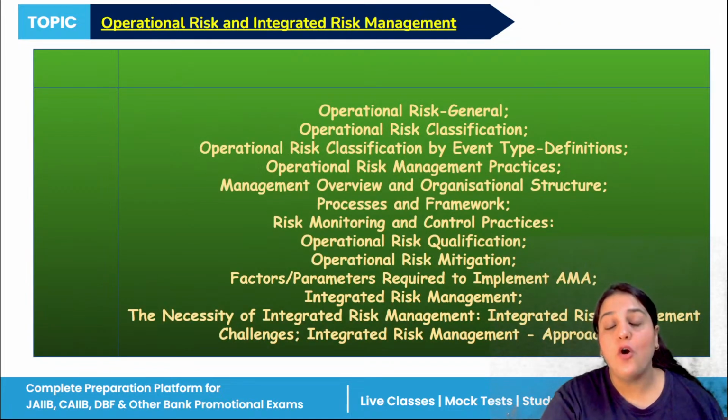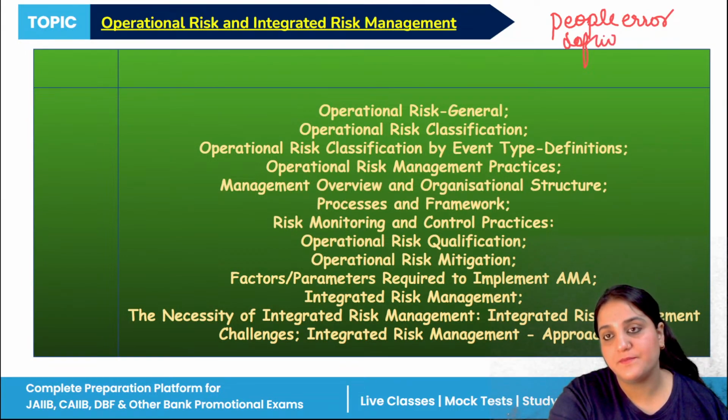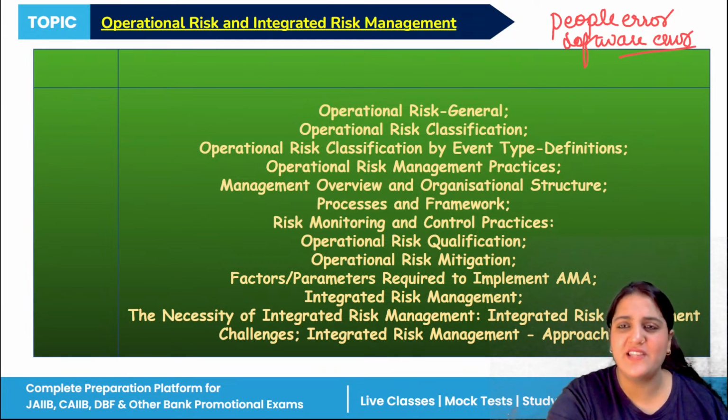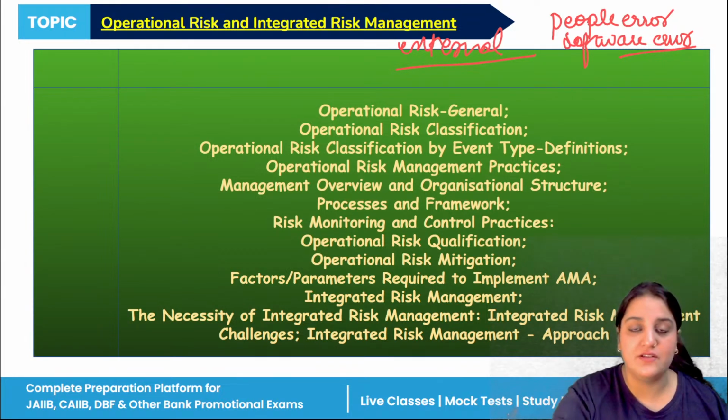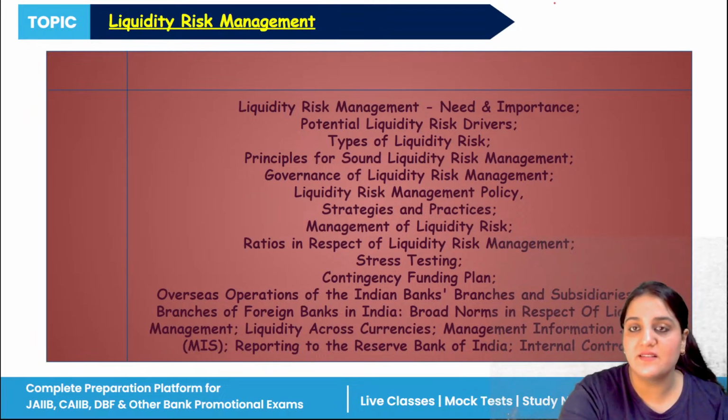Okay. Then operational risk happens due to people error and software error, like fraud and theft, and external error which is not in the control of the bank. So you are going to learn this in operational risk. Then there is liquidity risk management.